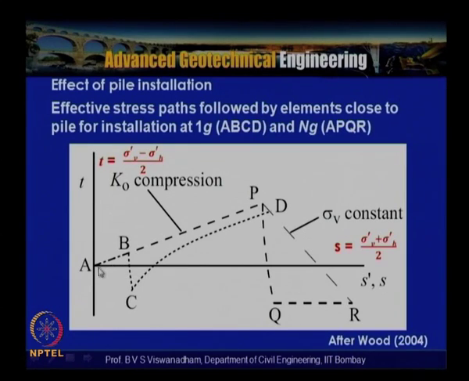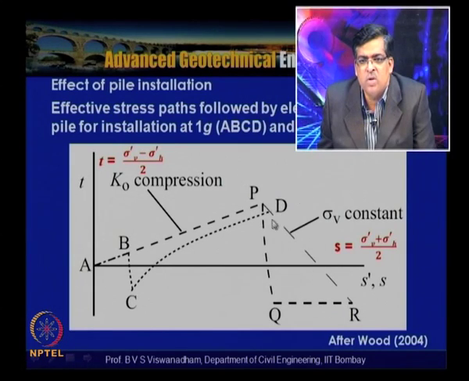In case you have pile installation at Ng, it follows the compression line AP, and then PQ and then QR. So this APQR is the stress path obtained for a pile installed at Ng.